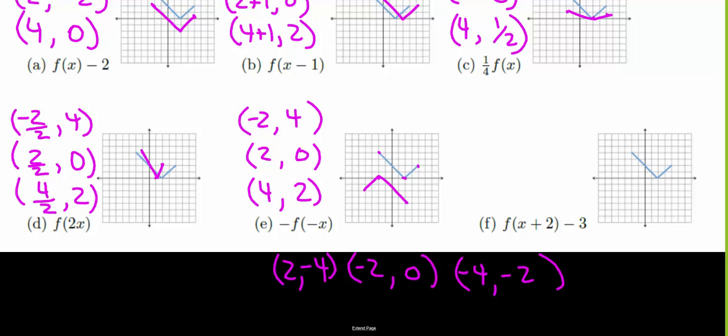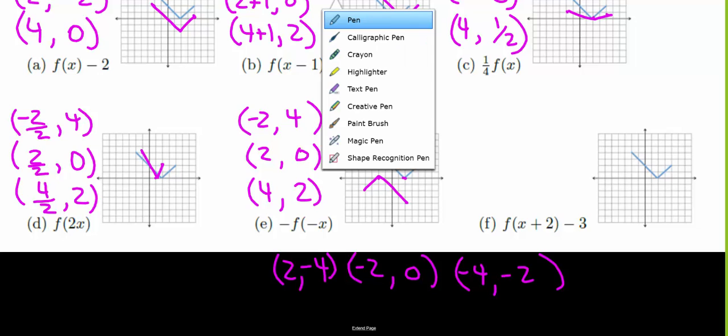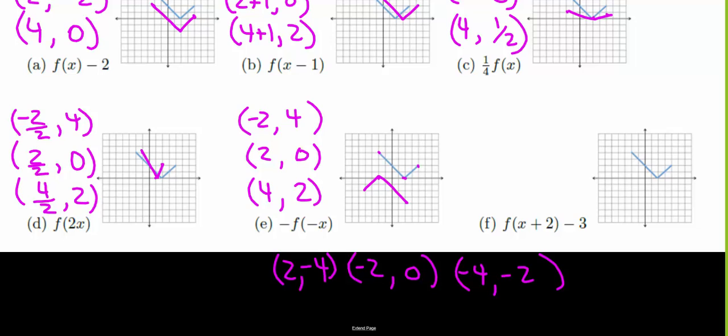Okay. Now, let's look at this next one. On this next one, I'm moving to the left 2 and down 3. So let's think about these points here. This point right here is going to the left 2 and then down 1, 2, 3. So it's going to be moved like that. Every point's going to move to the left 2 and down 3.